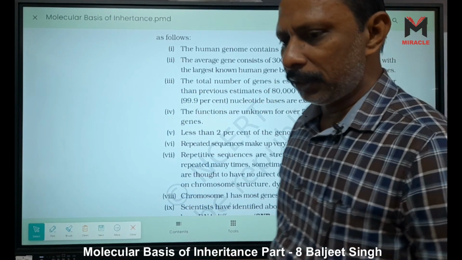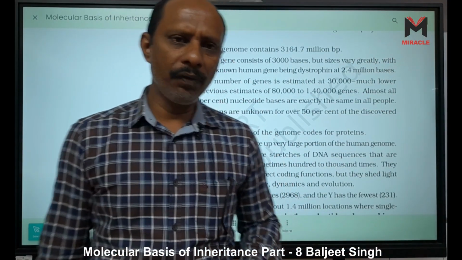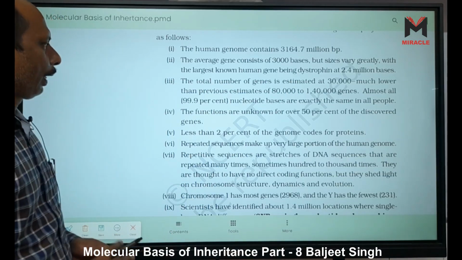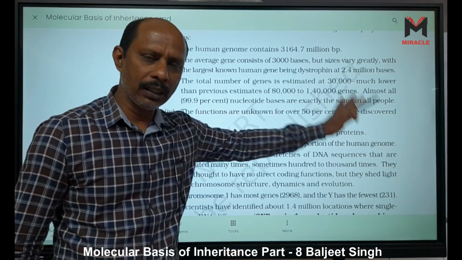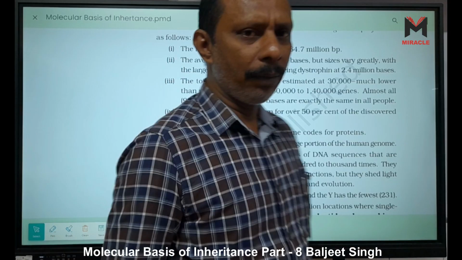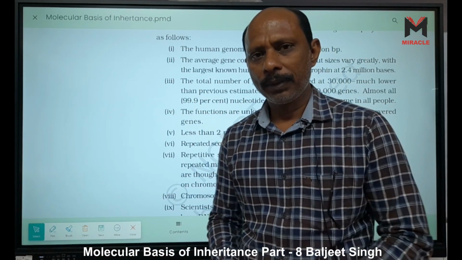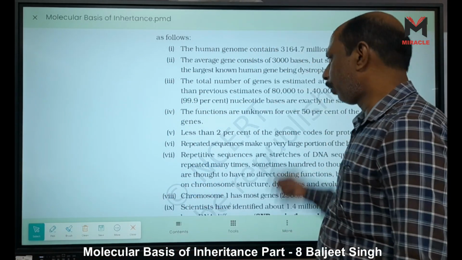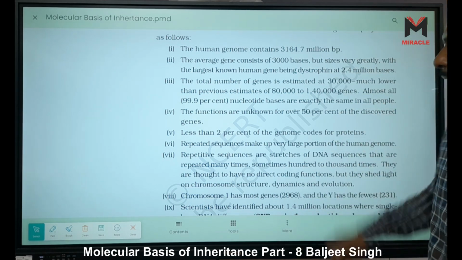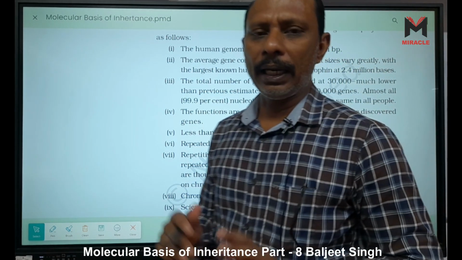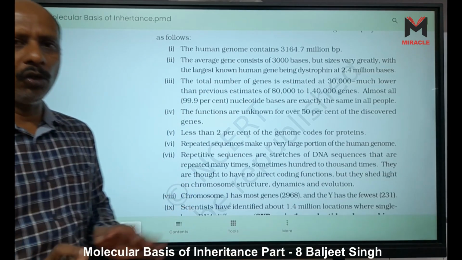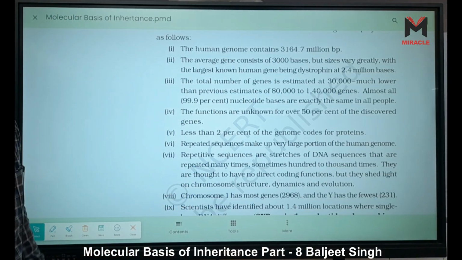The smallest gene is TDF, which contains only 14 base pairs, right? The total number of genes is estimated at 30,000, which is much less than the earlier estimate of 80,000 to 140,000 genes. Almost 99.9% are identical in all humans, and only 0.1% differs from person to person.